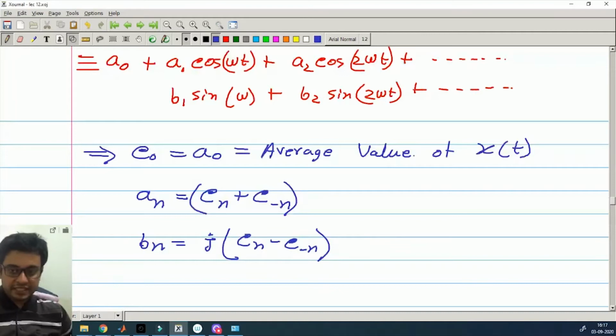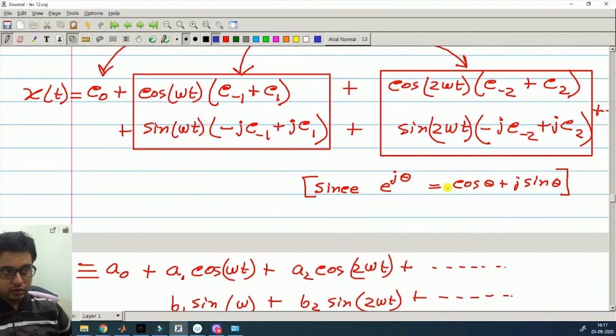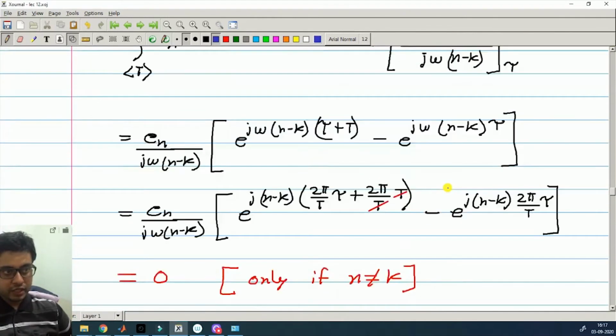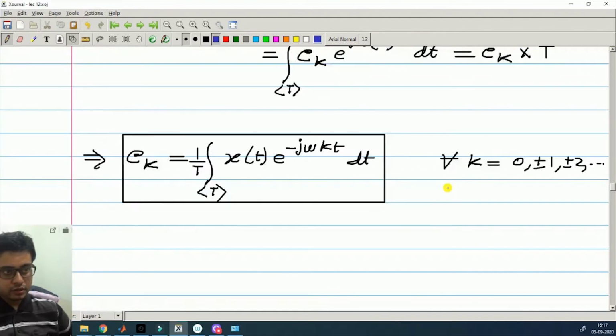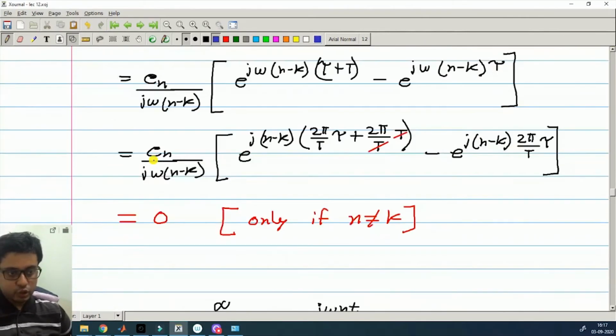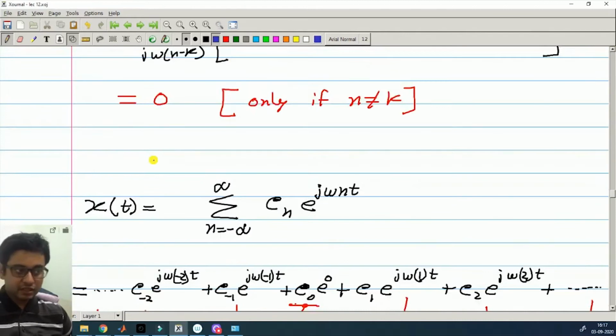Complex Fourier series is actually simple because you have to remember only one formula to get the complex Fourier coefficients, and then you can express any signal as a sum of complex exponential signals like this.